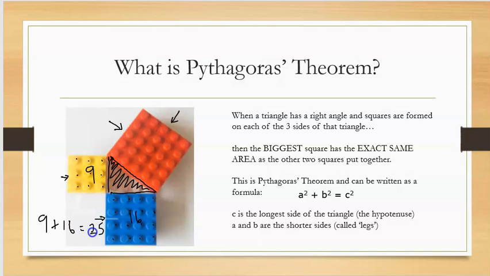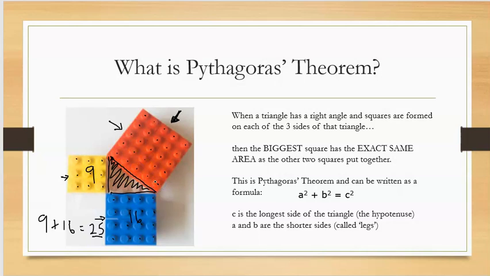So it's saying that those two together should have the same area as this red one. So if that's true, there should be 25 on the red one. Let's just check that. 1, 2, 3, and so on up to 25.